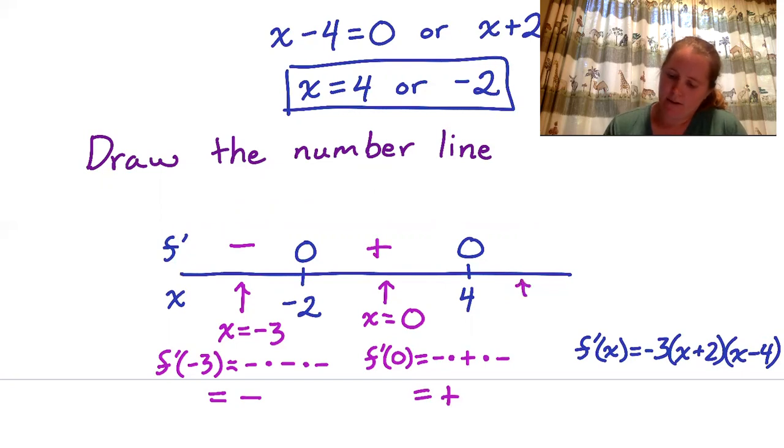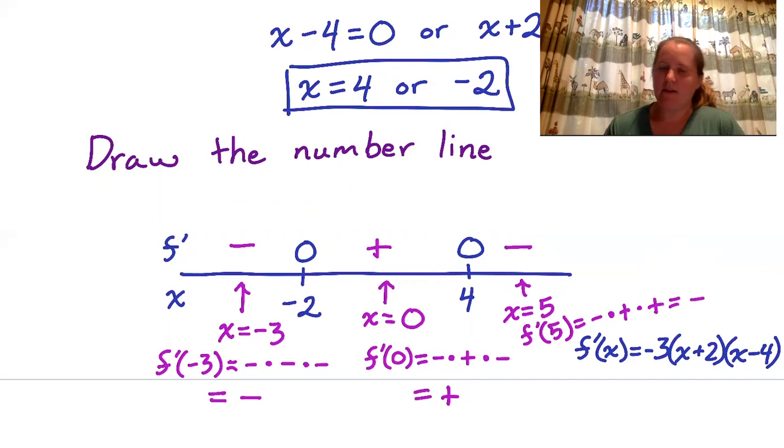And then if we pick x equals, say, 5, and do f prime of 5, we'll have our negative 3 times 5 plus 2 is positive, and 5 minus 4 is positive, and so that will all multiply to give us a negative. So again, I don't care about the actual value.